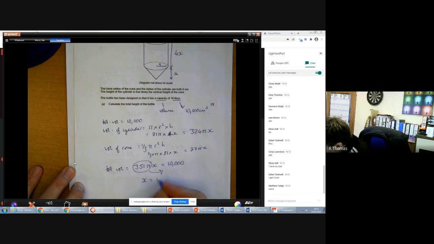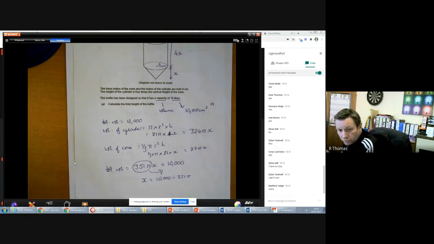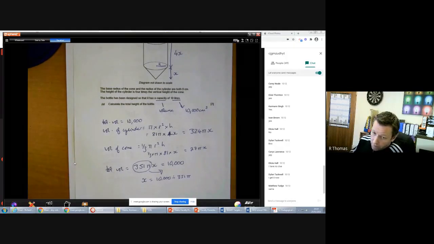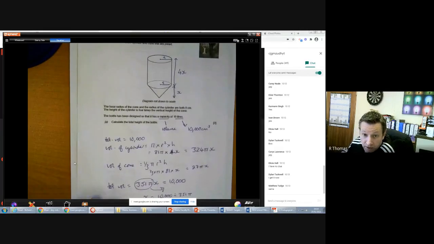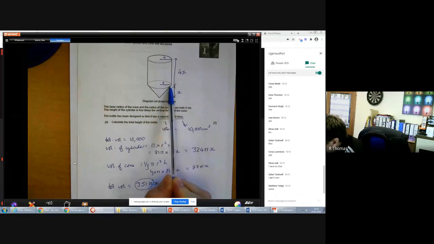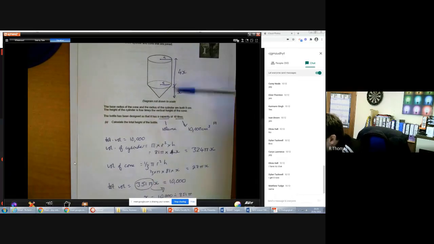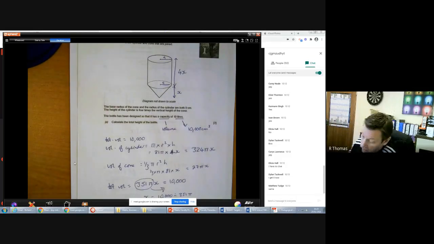Now, before you type it in, before you get the actual answer, let's have a little look at the original diagram and make sure we get some idea of what the answer should be. If this distance from here to here is 9, and I know it's not drawn to scale, right? But if your answer is something like 2,500, you've messed it up, right? Or if it's minus the square root of 7, you've messed it up.